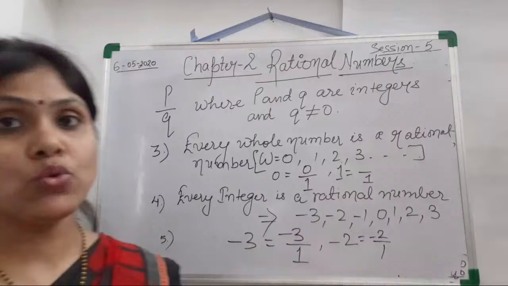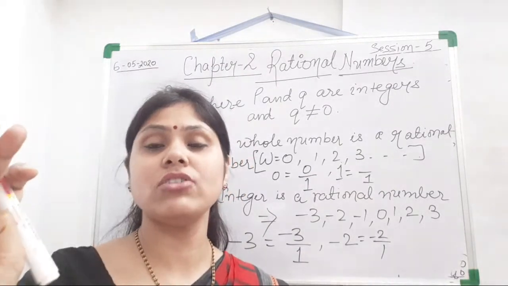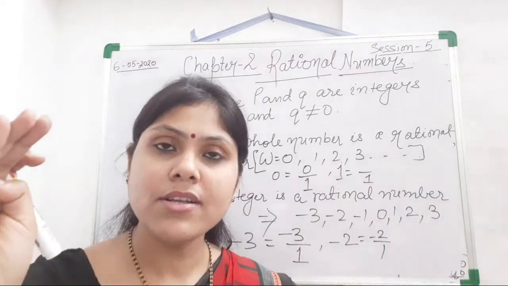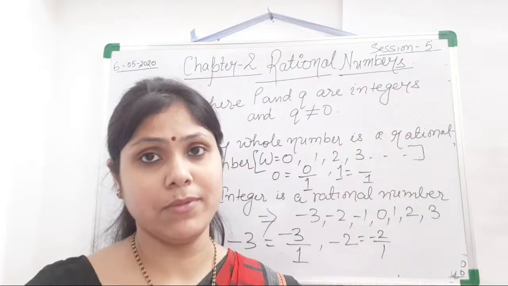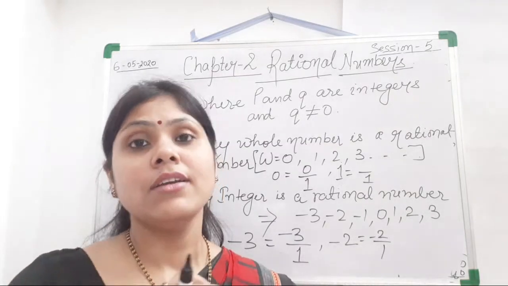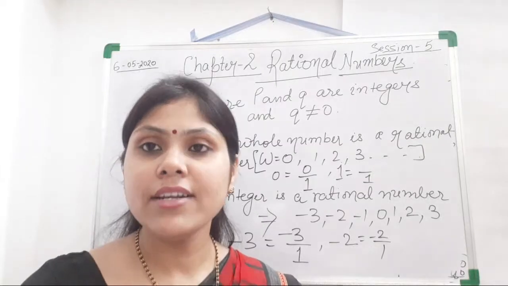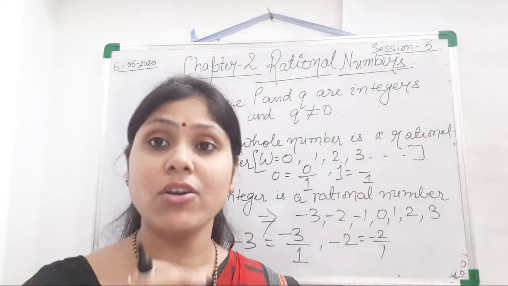So each and every natural number, whole number and integer is a rational number. Is it clear?